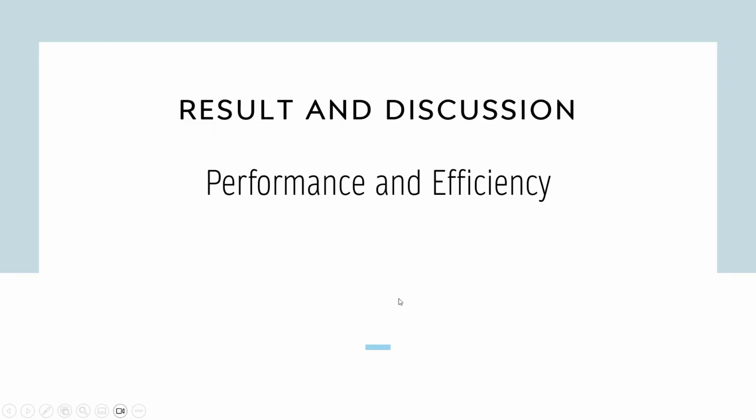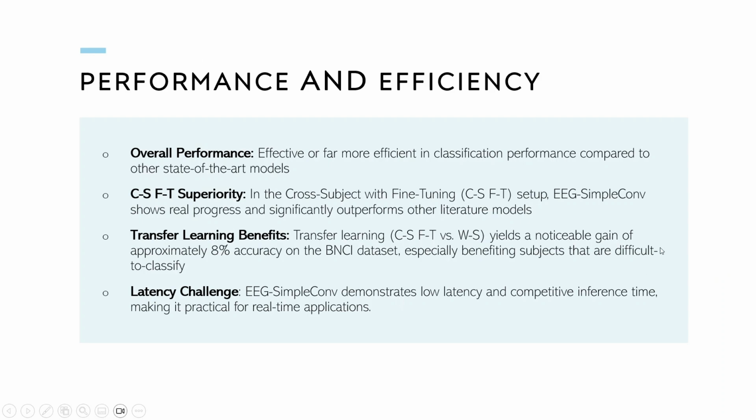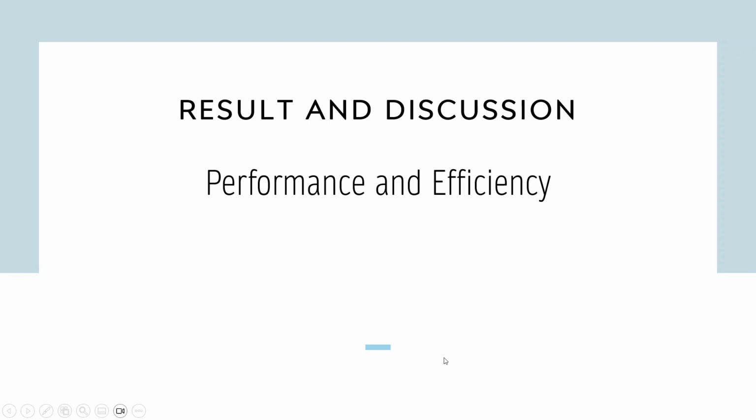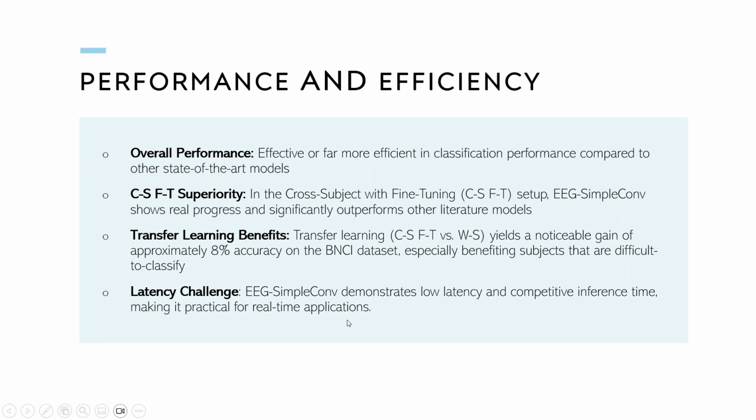And the result is significant. Let's take a look at the results of EEG SimpleConv. Overall, EEG SimpleConv is at least as effective as, or far more efficient in classification performance than, other state-of-the-art models.